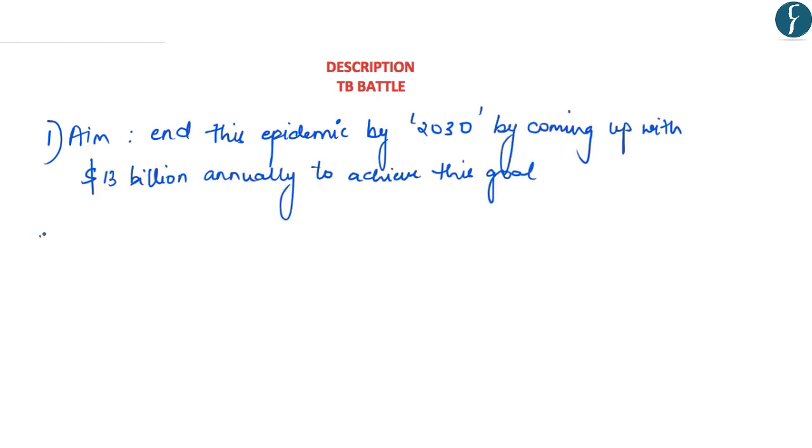Now the main aim of this summit will be that the world leaders will commit to end this epidemic of TB by 2030, and in order to do this, they will come up with 13 billion annually to achieve this goal. Apart from this, the second thing that we must know with respect to TB is the medicine bedaquiline, as this drug has recently been in news because the World Health Organization has placed this drug under the priority list.